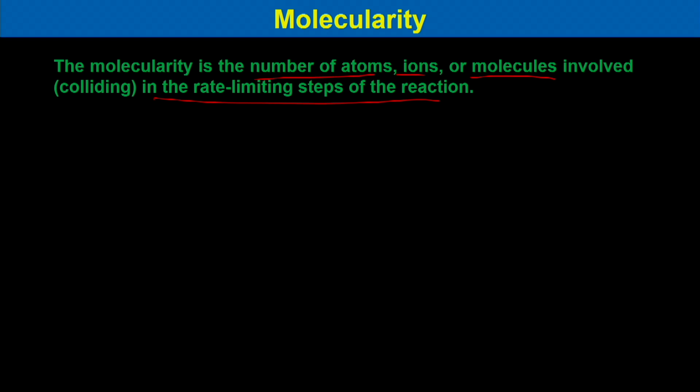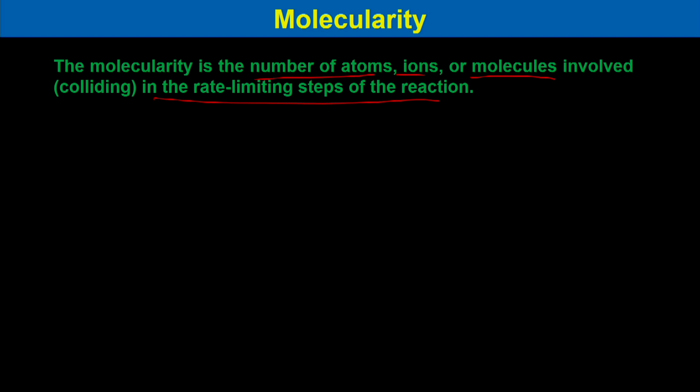Based on the number of molecules involved in the rate limiting step, we can define it as unimolecular, bimolecular and trimolecular and so on. But unimolecular and bimolecular reactions are common, while termolecular reactions are very rare.